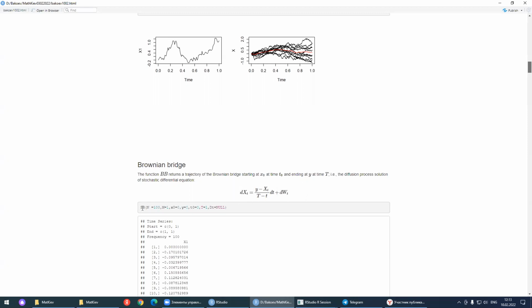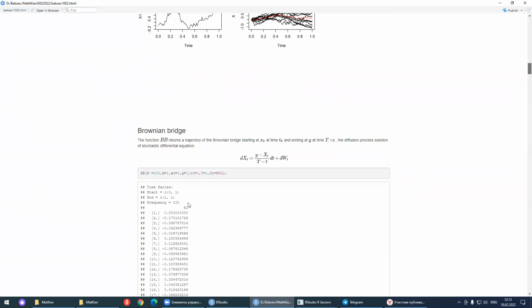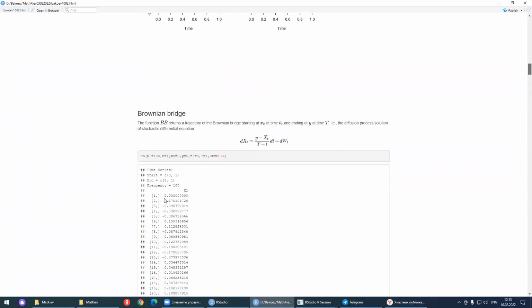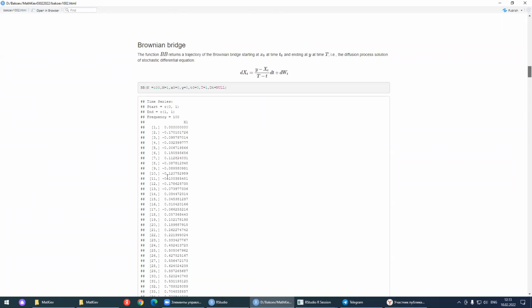And this function BB, Brownian bridge: this is the number of steps, this is the number of trajectory, this is the value of x at time t0, and the value of y at t equal 1, etc. This function gives us the simulation of one sample.